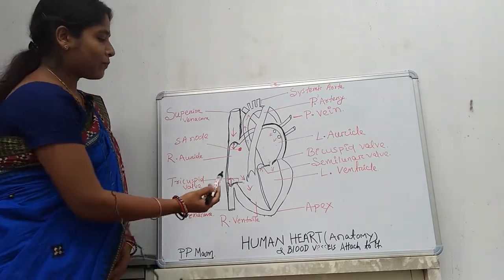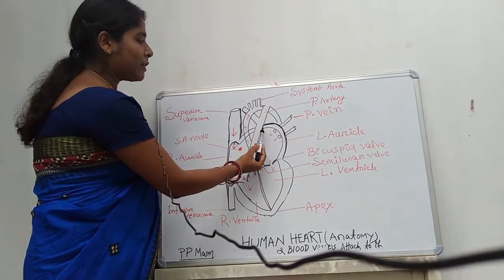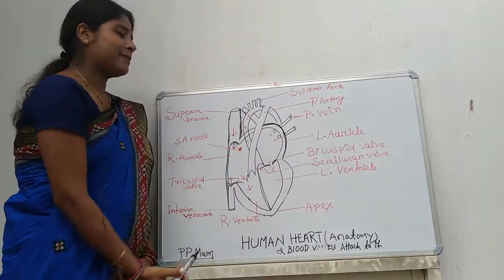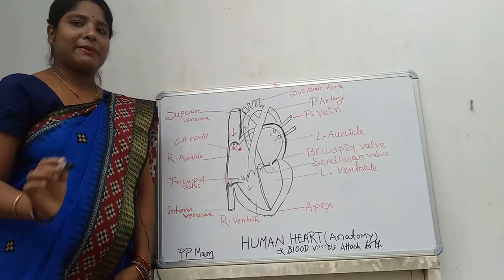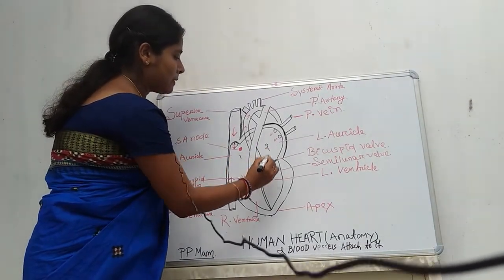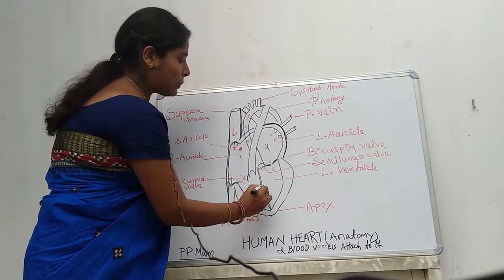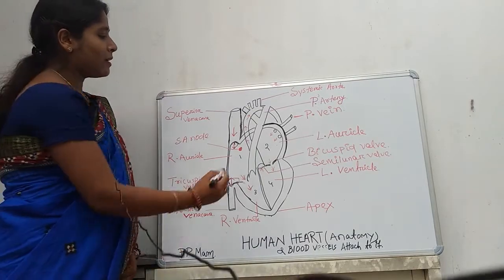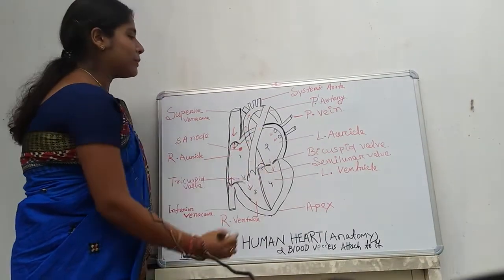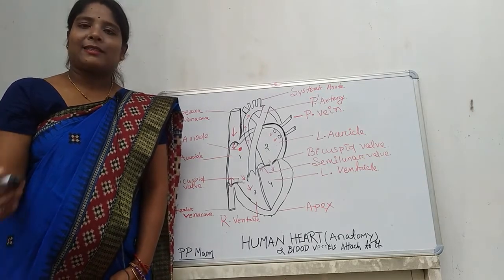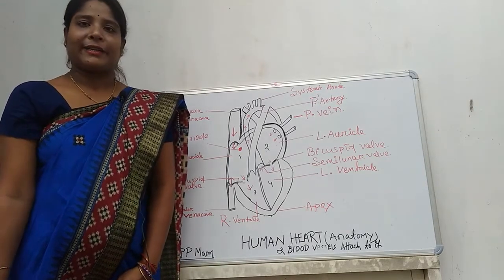So let's see. If we cut the heart, then we will find four chambers: two upper chambers and two lower chambers. Here 1 and 2 are the two upper chambers, which are called auricles, and the singular is called atrium.